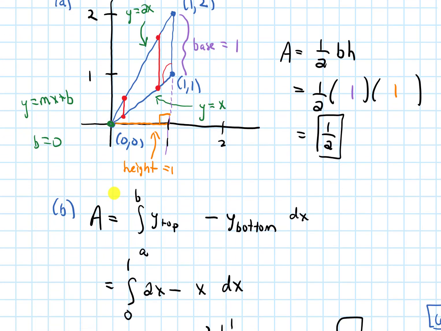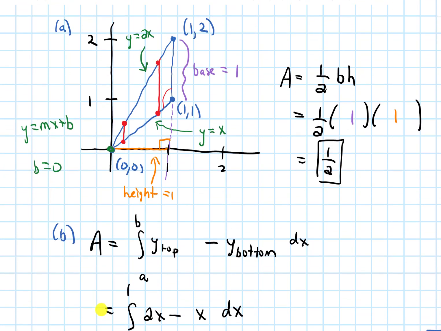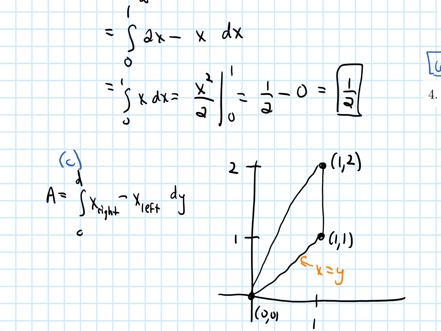So for y equals x, I could just write that one as x equals y. The x is already isolated. For y equals 2x, I'd have to divide by 2 to get x equals y over 2 for this steeper line. And for this vertical line, well, the vertical line is just at x equals 1.